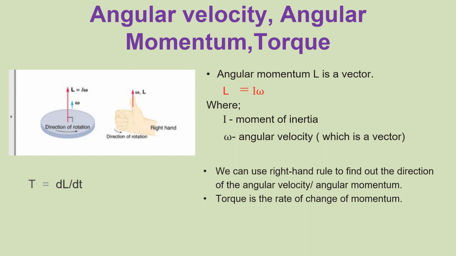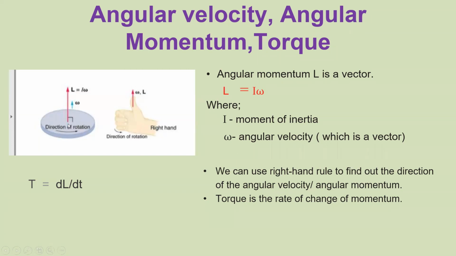The angular momentum is denoted by capital L, and capital I is the moment of inertia. That is a parameter which depends on the shape and density of this object.